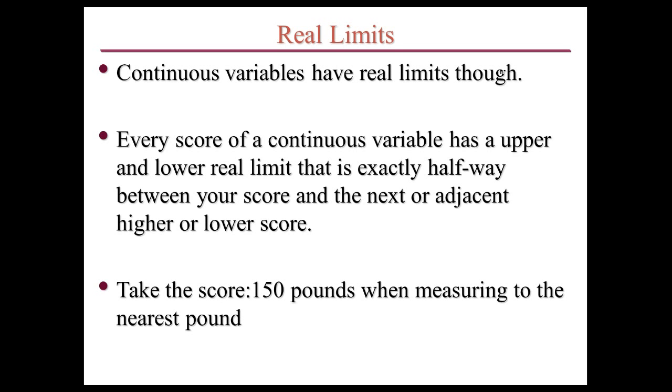For example, take the score 150 pounds when measuring to the nearest pound. So the pound is your unit of measurement. The lower real limit, or the LRL, is 149.5, while the upper real limit is 150.5. So it's halfway to the next unit of measurement.